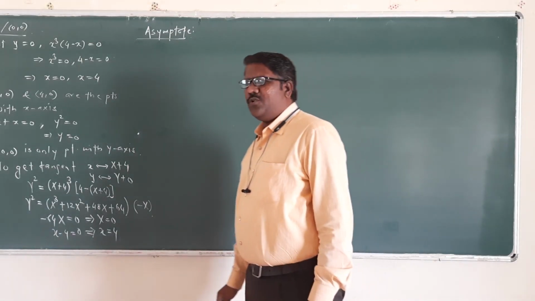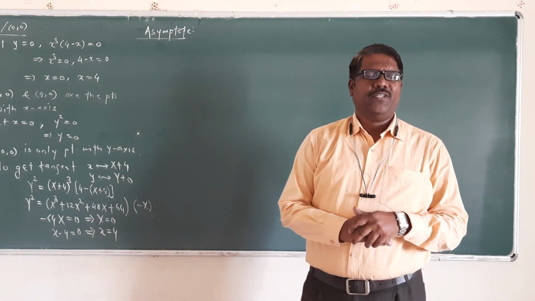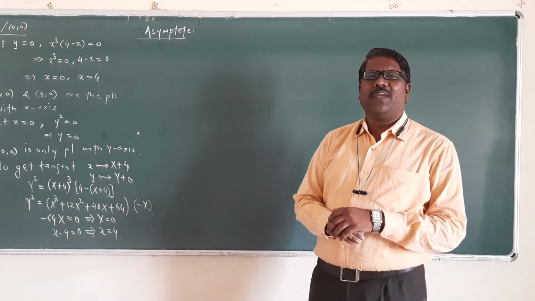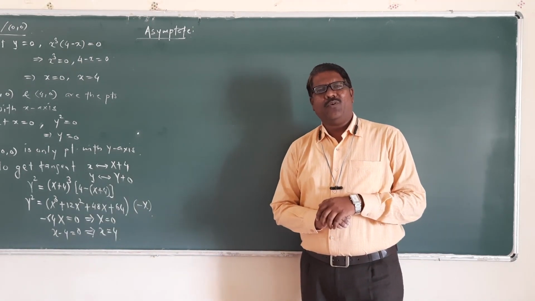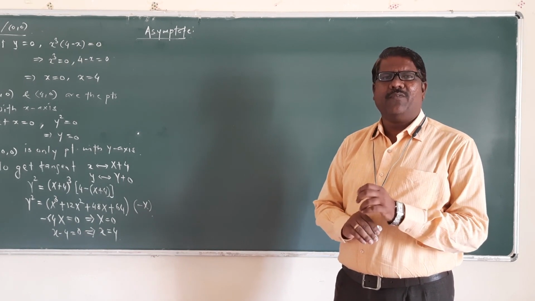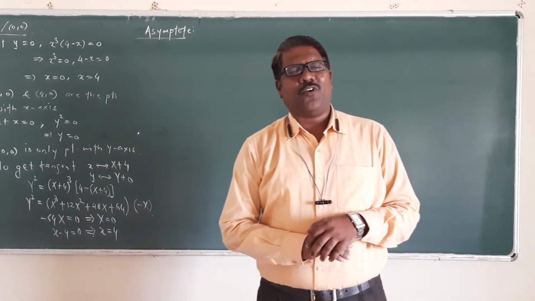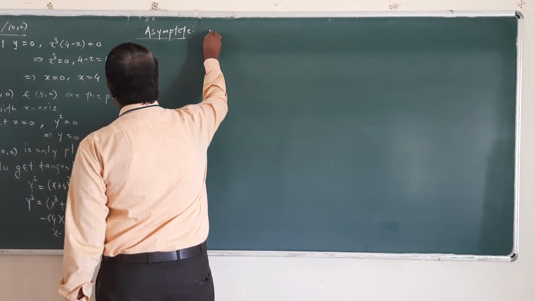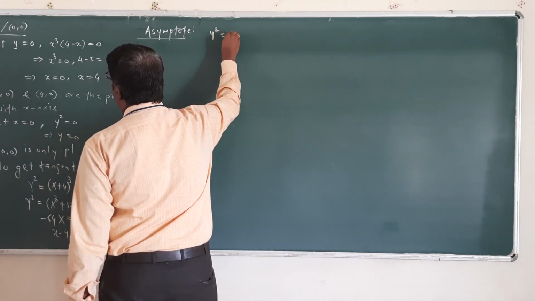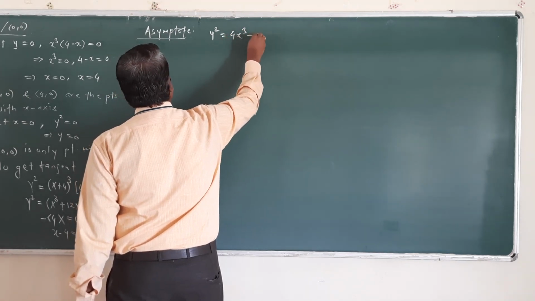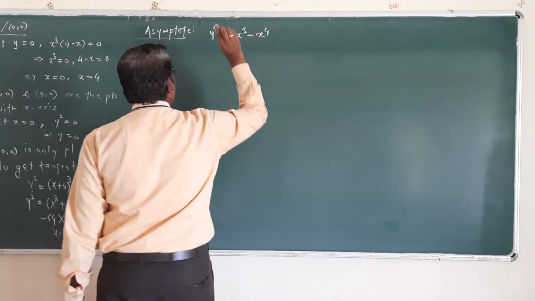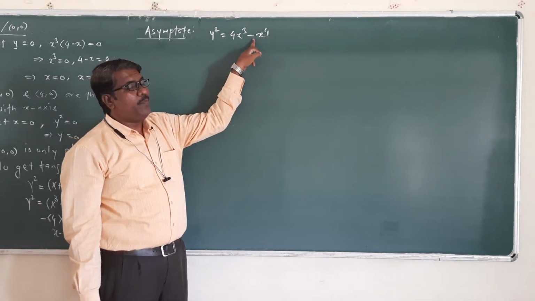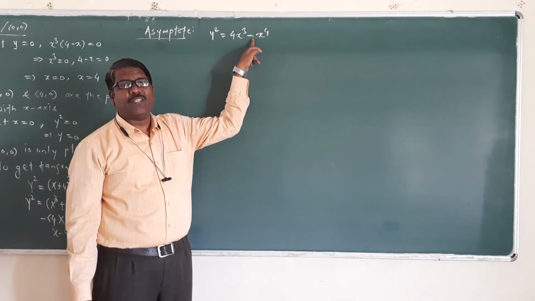Now to get asymptote parallel to x-axis, what is the procedure? Equate the coefficient of highest power of x to 0. Similarly, to get asymptote parallel to y-axis, equate the coefficient of highest power of y to 0. In this equation, y square is equal to 4x cube minus x raised to 4. Here the highest power of x is x raised to 4, but its coefficient is minus 1 and that is constant.